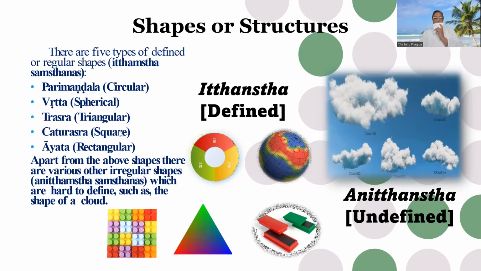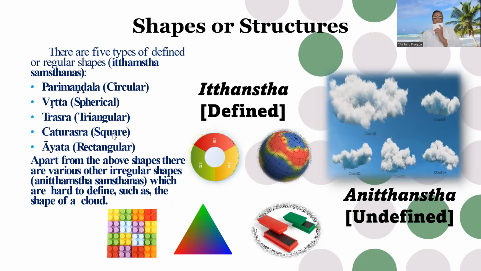Next is vritta. Vritta means spherical shape. So all the different balls or structures of the planets look spherical. Truss means the structure which has 3 corners. So this is truss, which we say tribhuj or triangular. That shape is also very common and very clear to all of us.